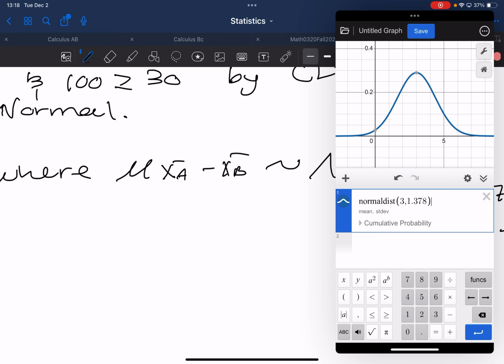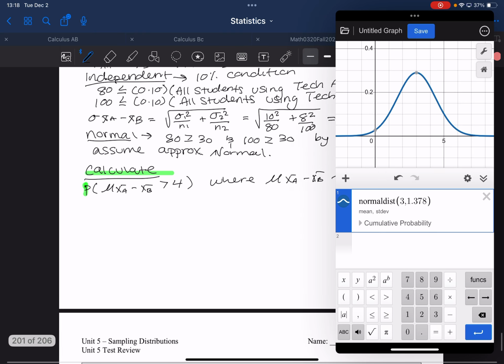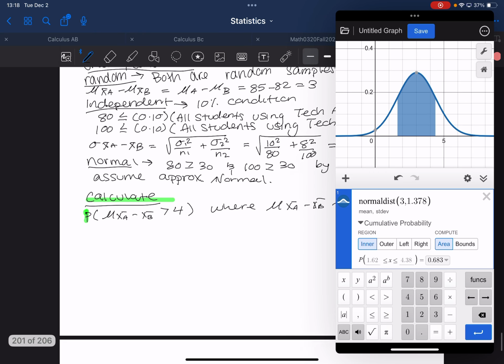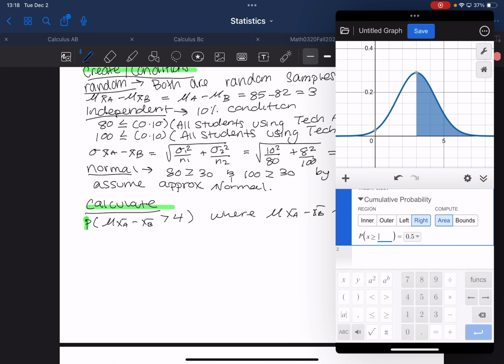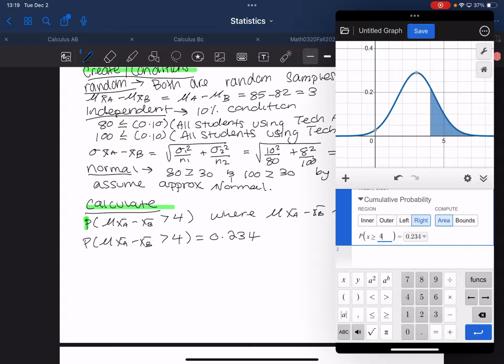Then hit create distribution. From the drop down, we are trying to find greater than 4. So which region are we using? Right, and then we type in 4. And we get what as the probability? Good, so the probability of XA bar minus XB bar greater than 4 is equal to 0.234.